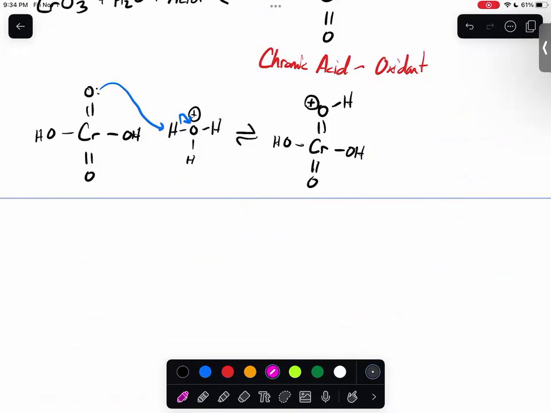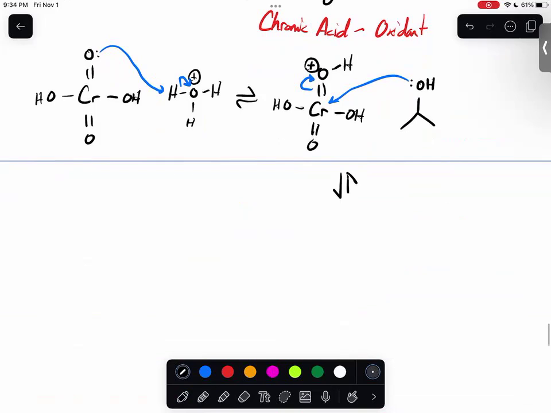And so what that means is our alcohol is now able to do a nucleophilic attack and kick the electrons from that double bond up to the oxygen. Upon doing so, we have now created what is essentially our reactive intermediate, where we have the chromium attached to our oxygen, and it has a bunch of alcohols now hanging off of it, right?